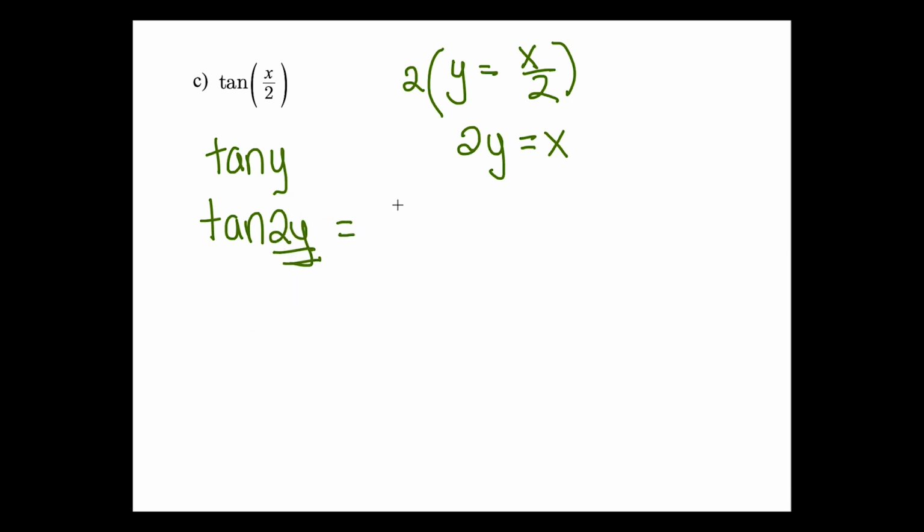So this is equal to 2 tangent y over 1 minus tangent squared y.